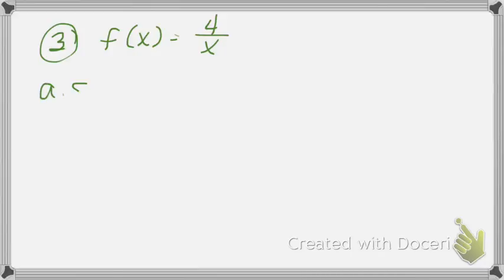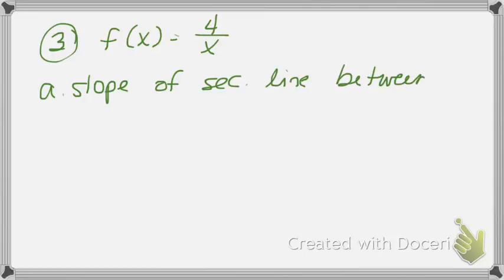Alright, I'm going to do one more example similar to number 1 just so that you can see the process one more time. We're going to have f of x equals 4 over x. And I want to find the slope of the secant line between 1 and 4.